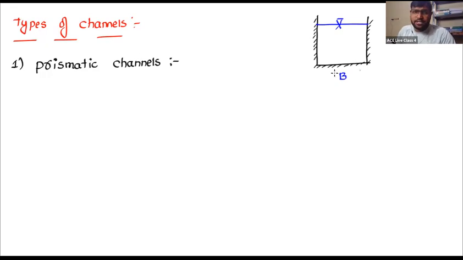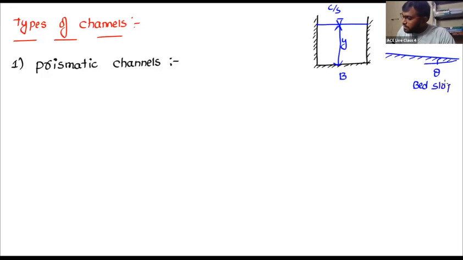So for a given section, there is size, right? What is the size? B. So width is going to be the B, and the depth of flow is going to be Y. And in the longitudinal section, this is cross section and this is longitudinal section. Definitely this bed has some slope. Yes or no? So this is nothing but theta, which is going to be the bed slope.